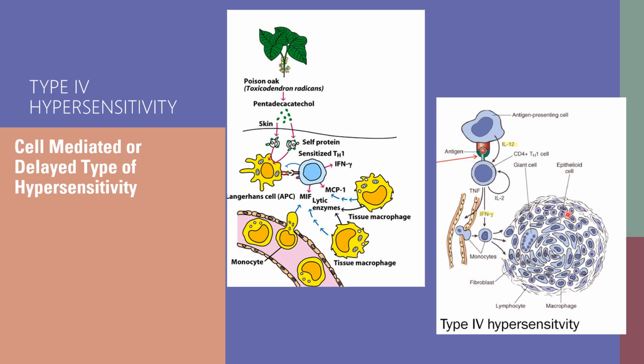Ano yung pinaka-common, especially sa mga Filipinos? The presence of Mycobacterium tuberculosis. So macrophages will be recruited to the site of inflammation and they will be activated as part of the innate immune response.